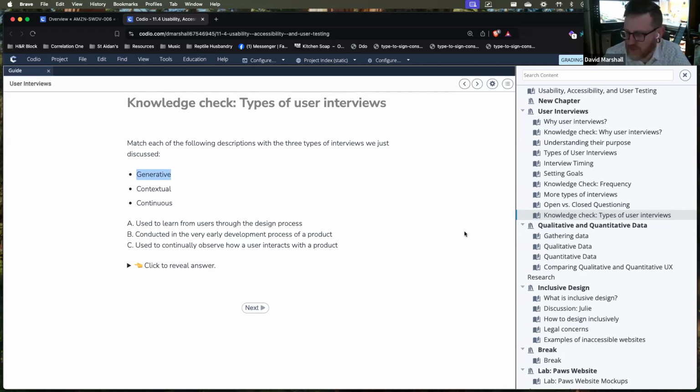And then contextual, is that going to be used from users throughout the design process or used to continually observe how they interact with the product? So is it going to be A or C? This one almost seems like it could be the same thing, but it's not.